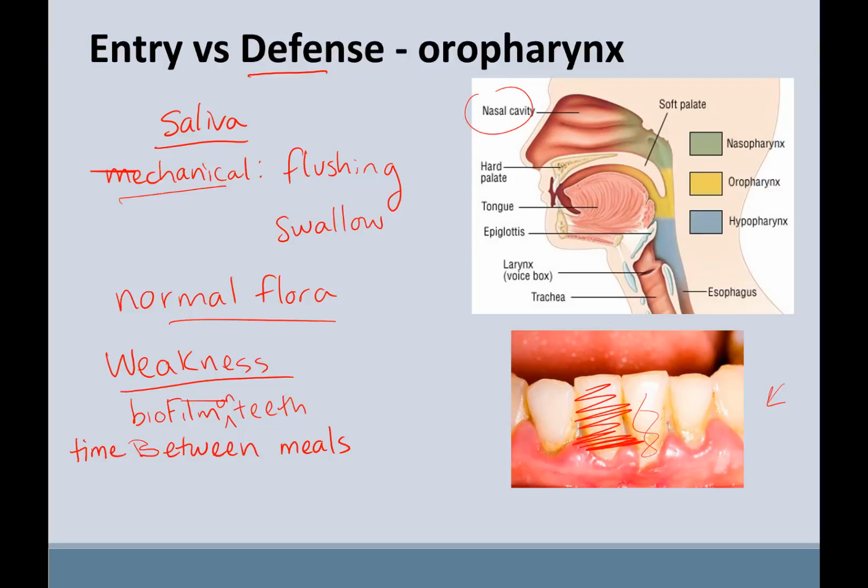We are not flushing out that system as much when we don't eat. So in addition to being good for hydration, drinking water, keep rinsing that mouth out is a great preventative measure. Keeping that saliva flowing will help keep your, especially your mouth, pathogen free.